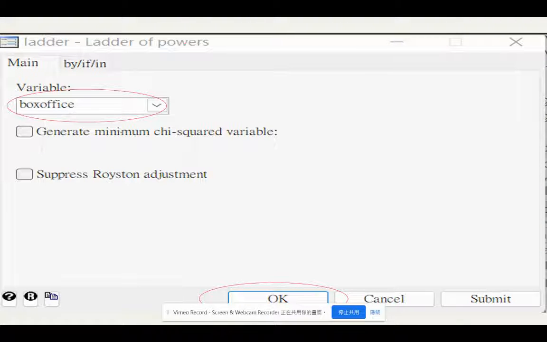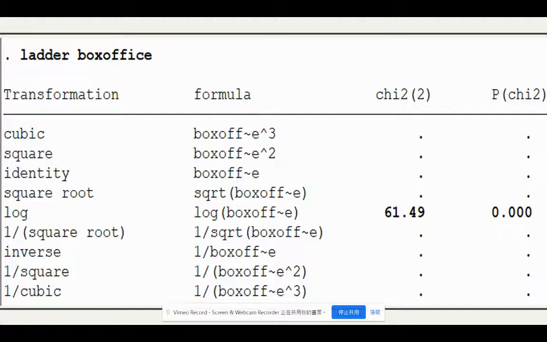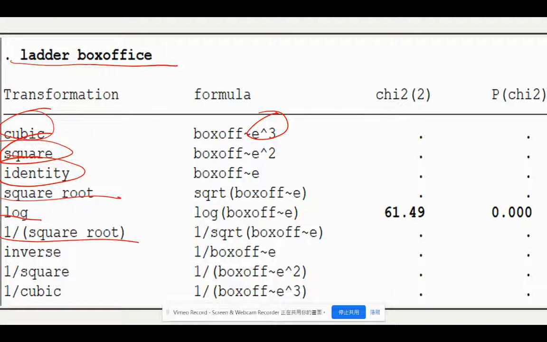Ladder here, and choose box office. As you can see, ladder, box office. This one is power 3, box office. This one is cubic, square, the level value, square root, log.